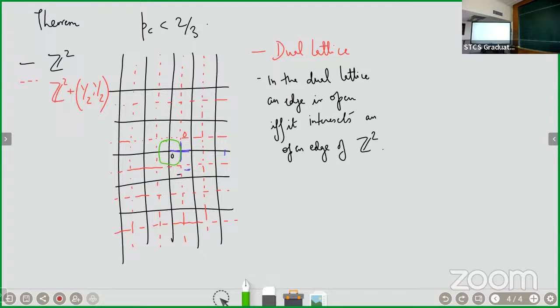So what was the answer? If you have a square with perimeter n, the side length is n by 4. And I'm counting how many squares there are of perimeter n such that the origin is contained inside the square. So n by 4 whole squared.